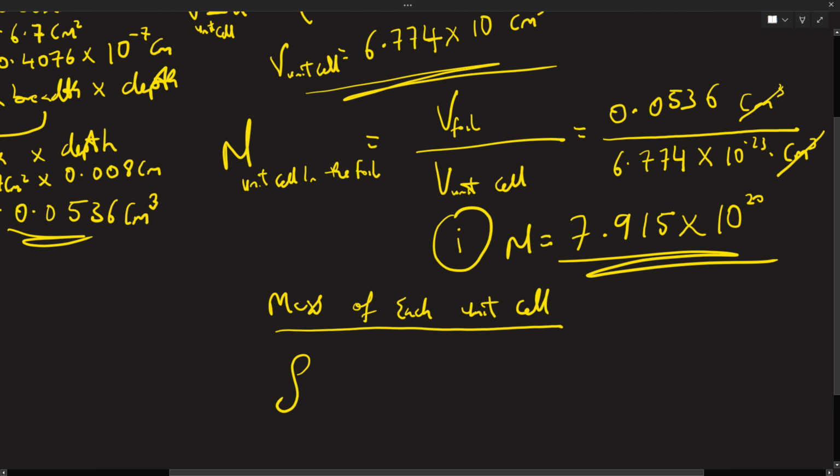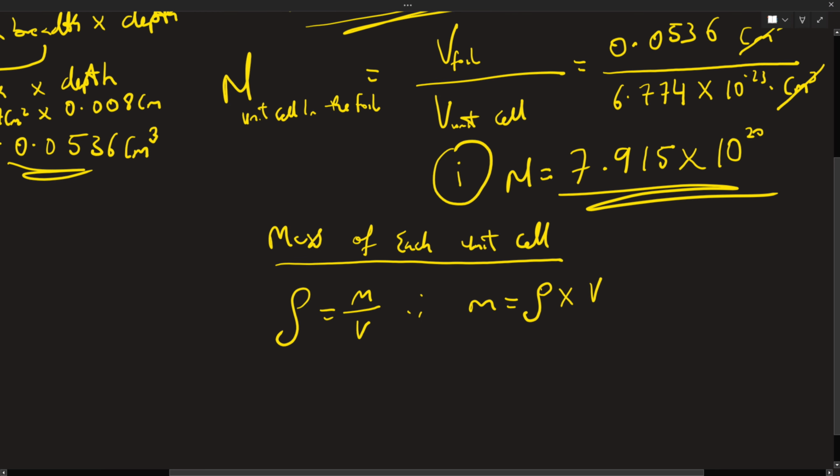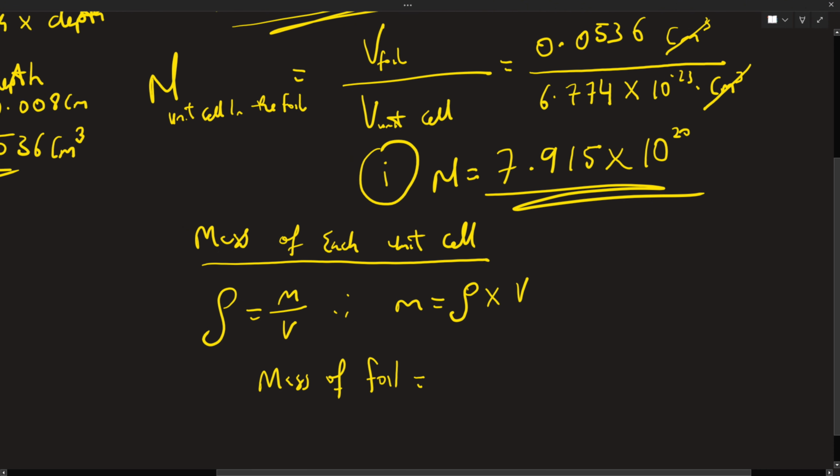For the mass of each unit cell, we need to remind ourselves that density is equal to mass over volume. Therefore, mass is equal to density times volume. So looking for the mass of foil, what's our density? We are given our density as 19.32 gram per cm cube in the question.